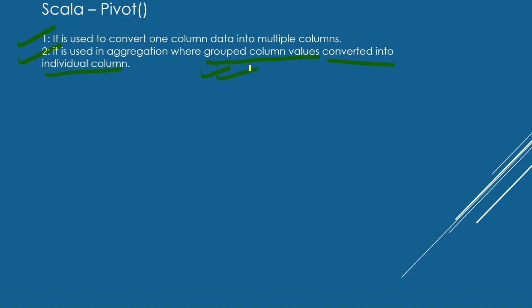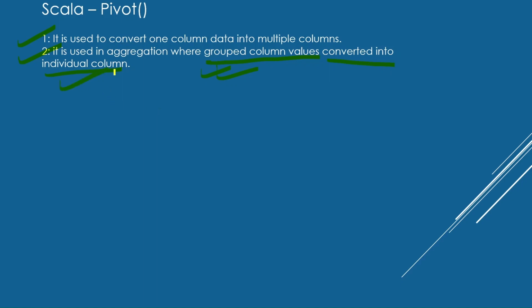Generally, with the help of a pivot function, if you want to convert row-label data into columns, we use pivot. But to call the pivot function, we need to first group the data, and then we can convert the data which is coming as a grouped collection into individual columns.